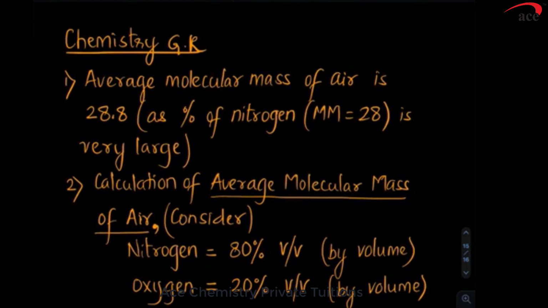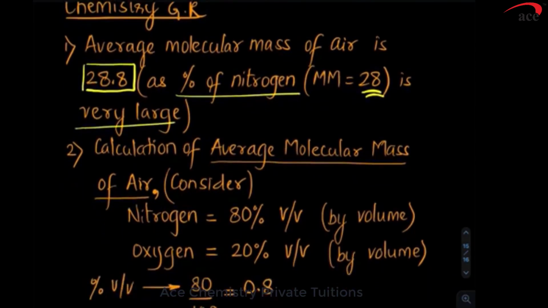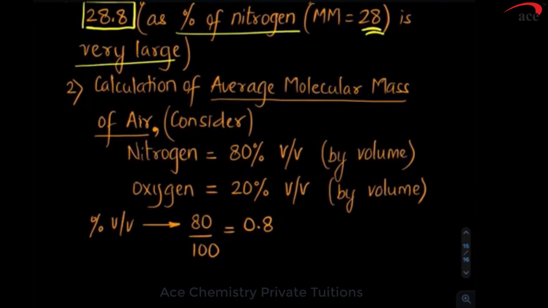Now, for your general knowledge, remember, the average molecular mass of air is taken as 28.8. That's very close to that of nitrogen. Why? Because a major proportion of air is nitrogen.